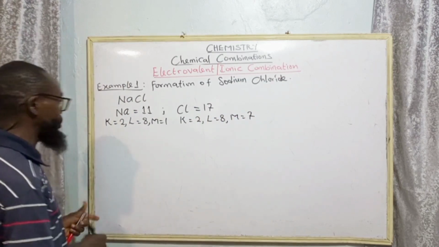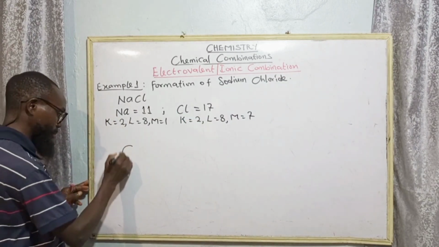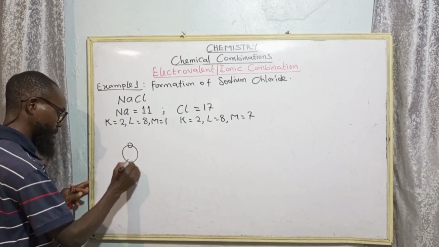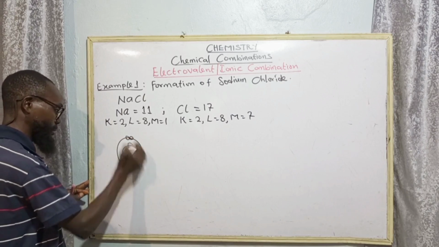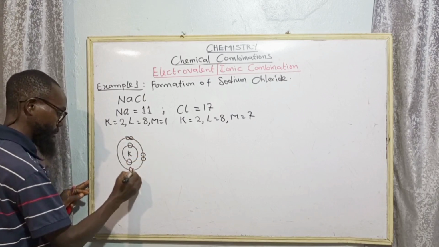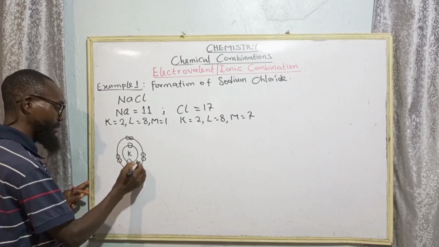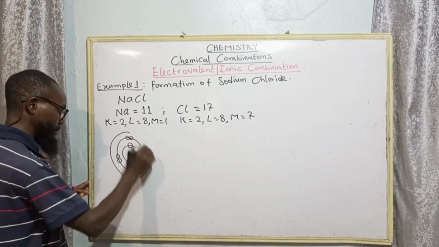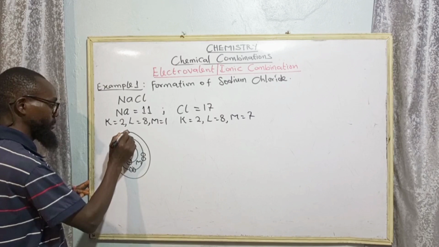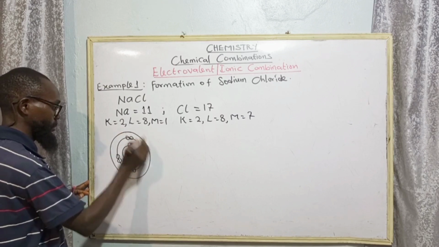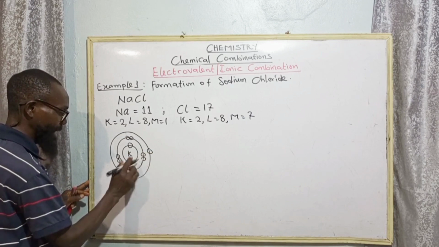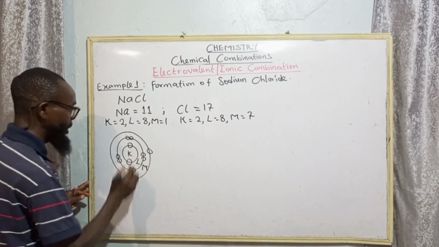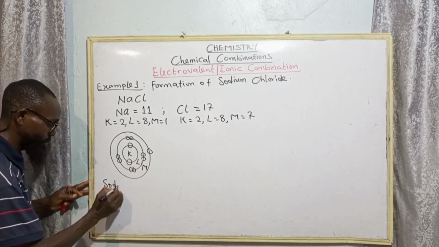When we draw the electronic structure of sodium, K shell, M shell, this is L shell, and this is M shell. So this is sodium atom.